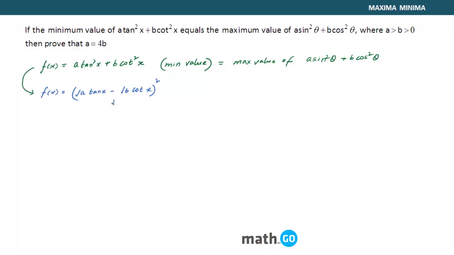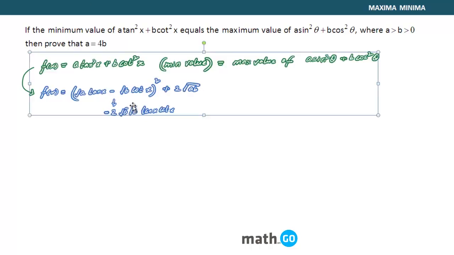What extra term will this have? Minus 2 root a root b into tan x into cot x, and obviously this will cancel out, and this is the extra term. And if I add 2 root ab, then I can say this and this particular values are equal. Got it? So now let me just remove this particular stuff here.